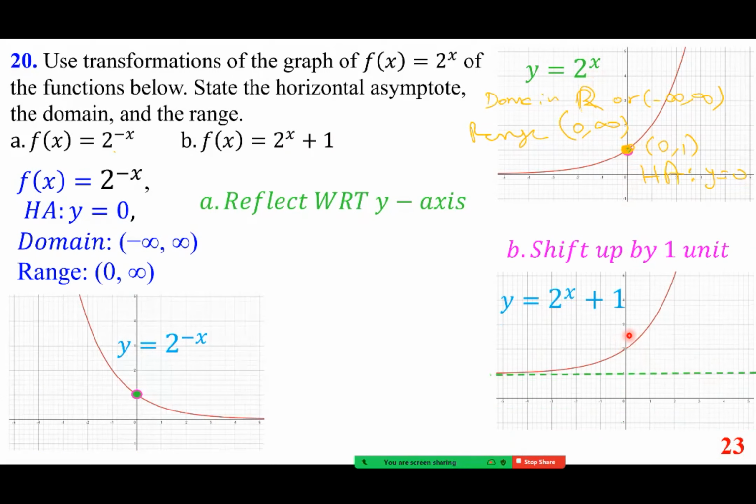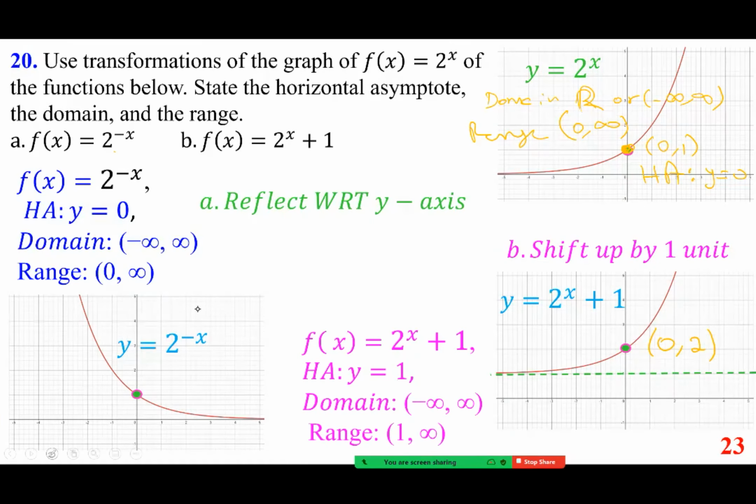The domain is the same, but the range, instead of going from 0 to infinity, now it's going to go from 1 to infinity, and the horizontal asymptote is y equals 1. This point has coordinates 0, 2. The function has gone up by 1. The result is that the horizontal asymptote is no longer y equals 0, it's y equals 1. The domain hasn't changed, but the range from 0 to infinity has changed to 1 to infinity.